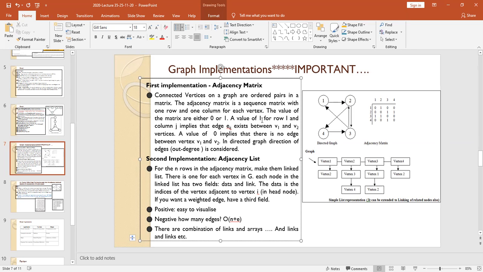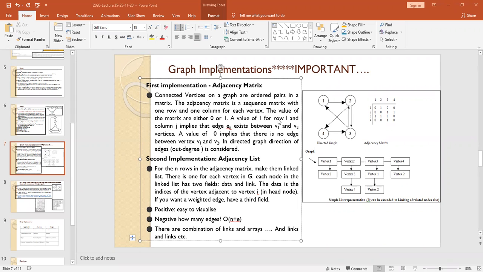A value of 1 for row I and column J means there is an edge from one vertex to another, so we put 1. If there is no edge, we represent it as 0.